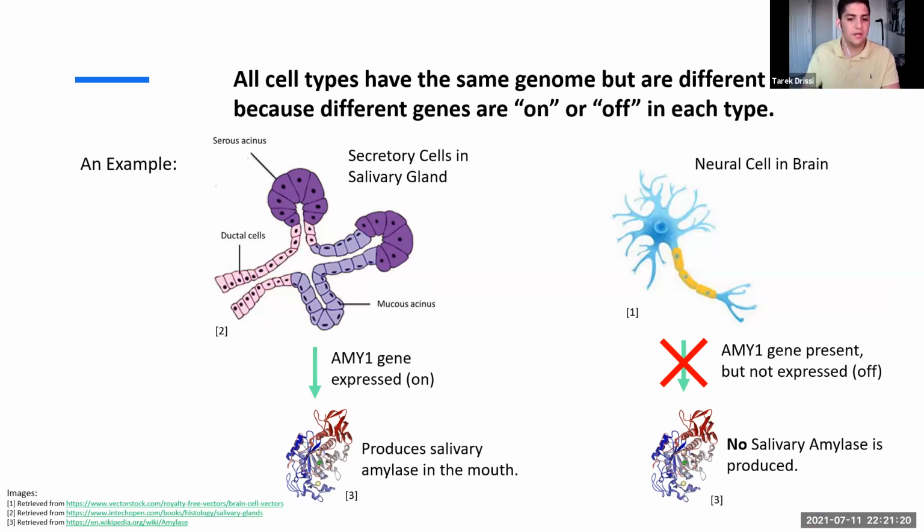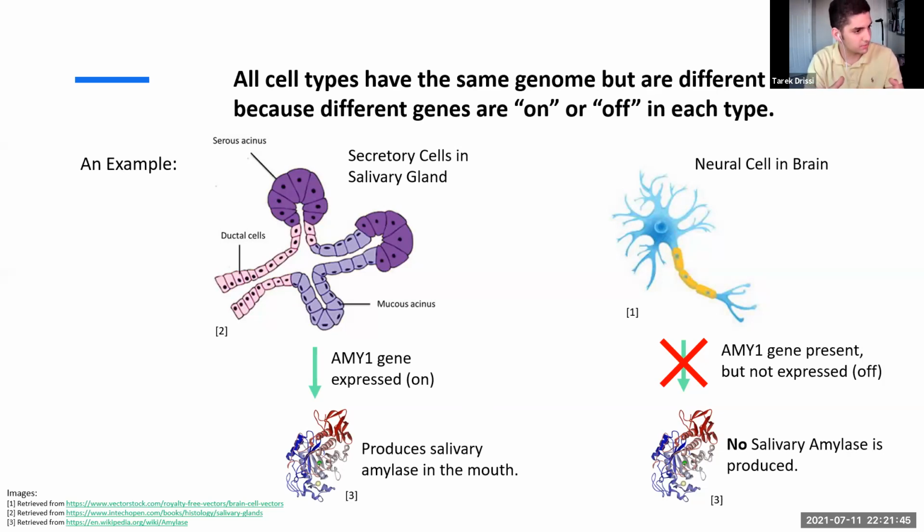Yeah. So both of you would have this happening. This wouldn't change any of your features. But during development, when the face forms, the structure of the face is dependent on the genome, because cells need to express proteins to interact with each other, to move, to fold, to signal to each other.